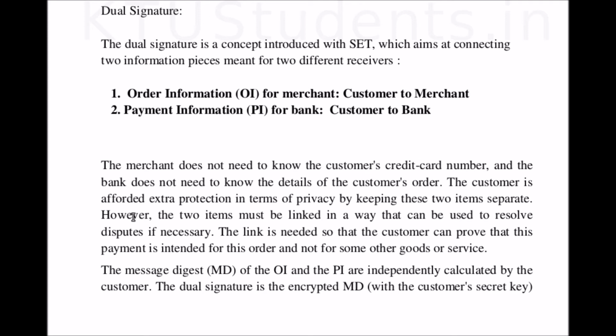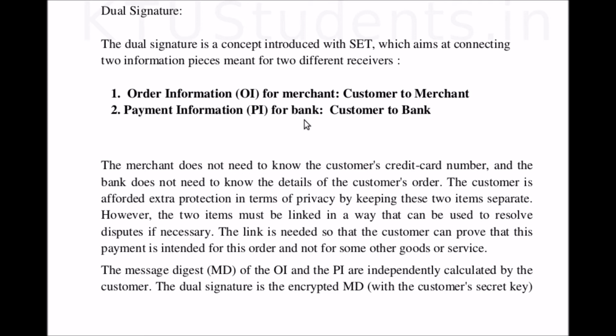Also, the bank does not need to know about the details of my order. So how is this made possible? These two pieces of information, that is order information for the merchant and payment information for the bank, are connected to an information piece that ensures confidentiality.